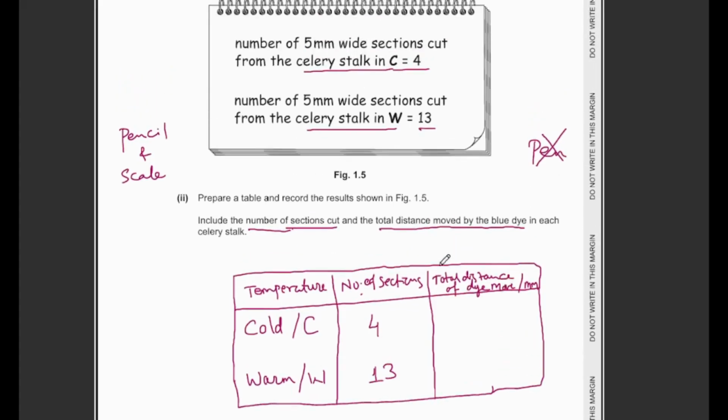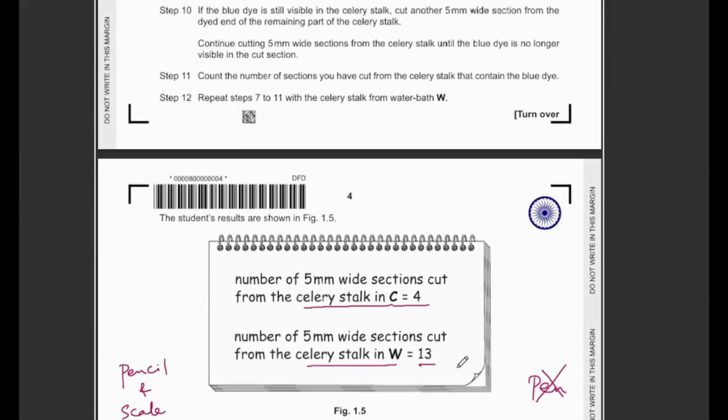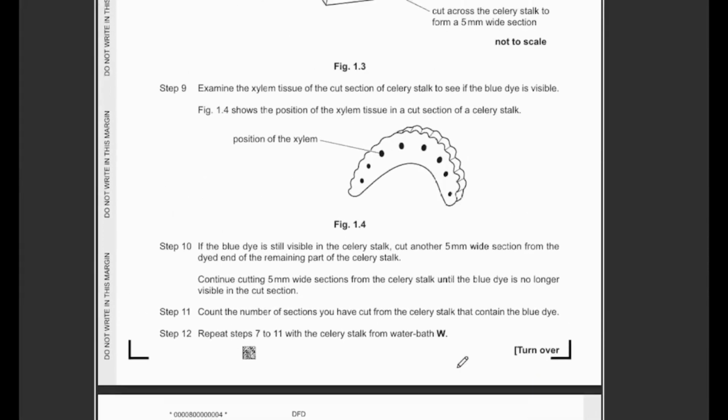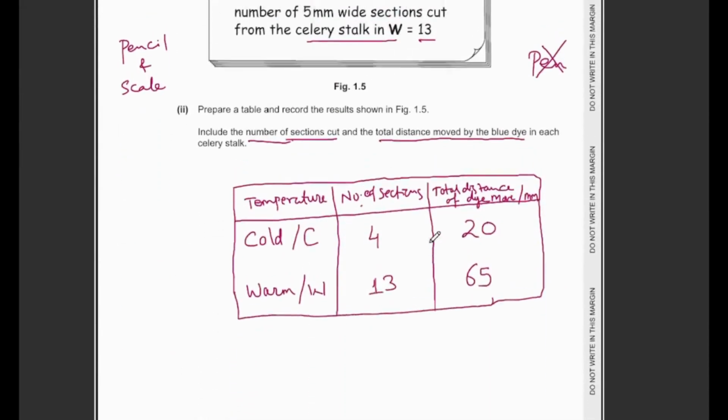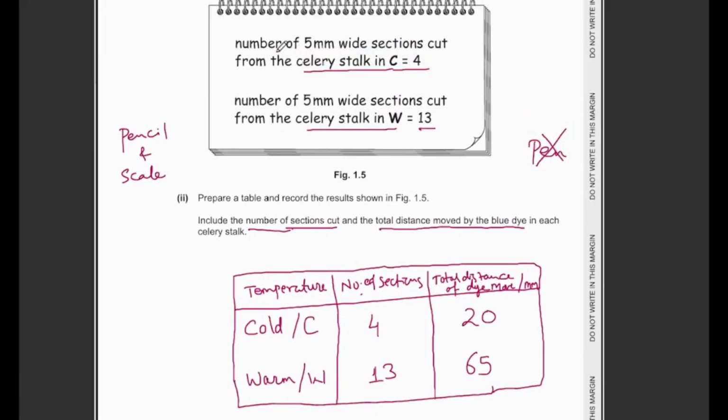There we go. The first one will be 20 and the second one will be 65. Can you guess where we got the 65 and 20 from? Number of sections cut here is 4, each 5 mm wide, and the other one is 13.